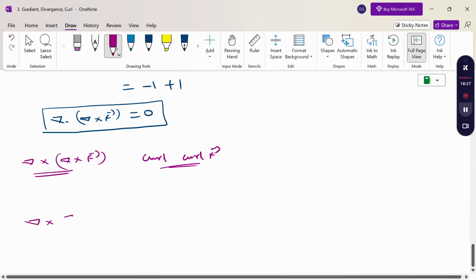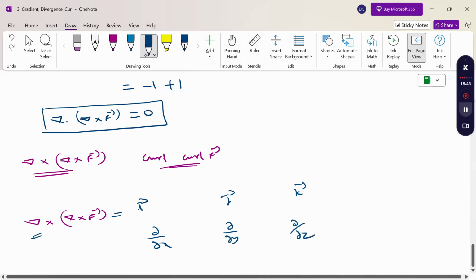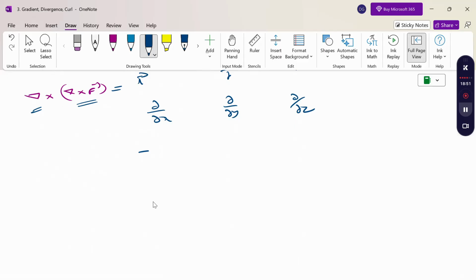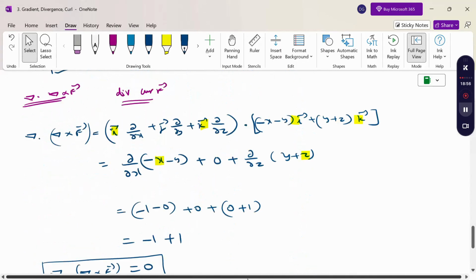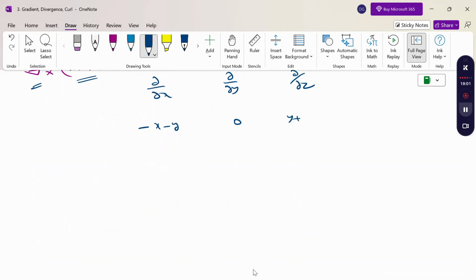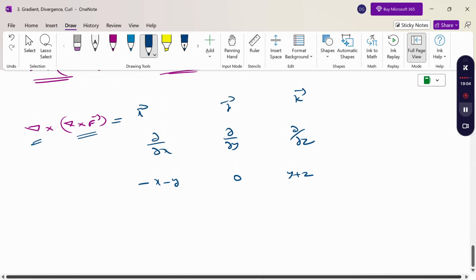Now del cross f vector equals the determinant with i vector, j vector, k vector in the first row, ∂/∂x, ∂/∂y, ∂/∂z in the second row, and in the third row, minus x minus y, then the j term 0, then y plus z.